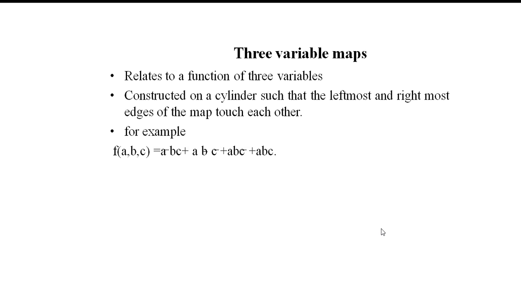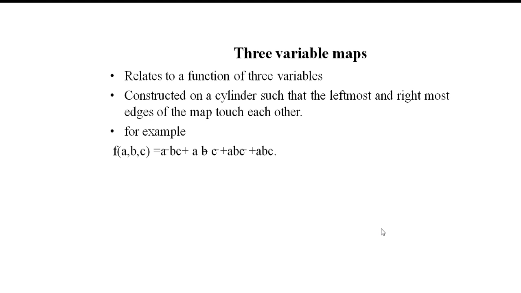In three variable maps, you will get 8 rows in the truth table, so you will get 8 cells in the Karnaugh map representation. Just remember the point that usually we plot the Karnaugh map on a cylinder.